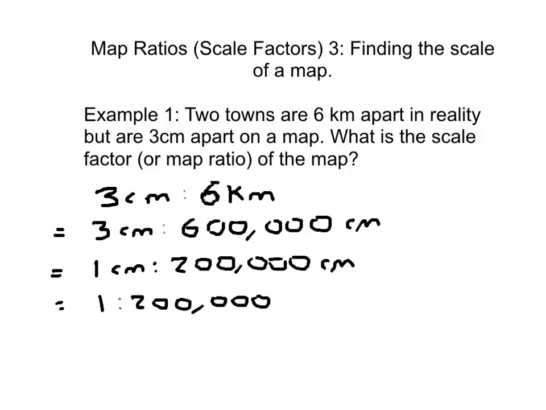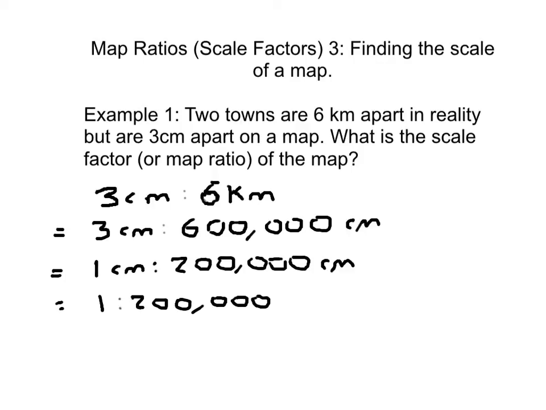And then what we do is we get rid of the units, because although we're doing this for centimetres, it wouldn't matter. I mean, 1 inch on the map would be equal to 200,000 inches in real life. So we can forget about the centimetres. To describe the ratio of distances on the map compared to distances in real life, we just say 1 compared to 200,000.